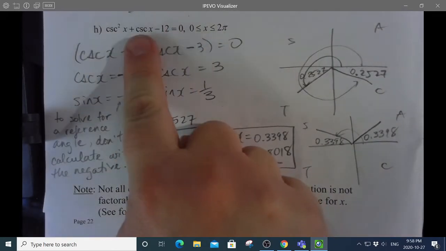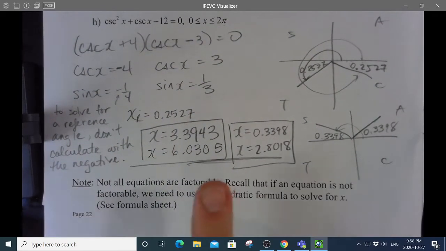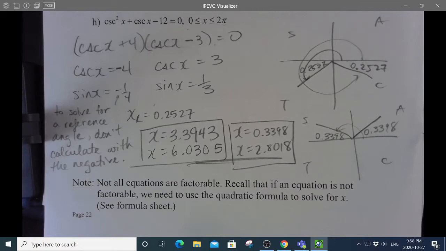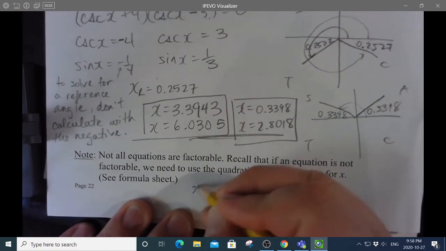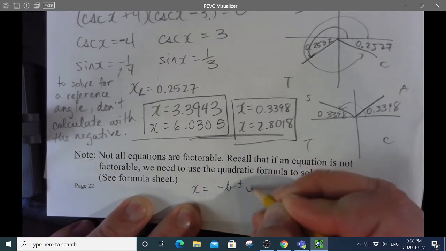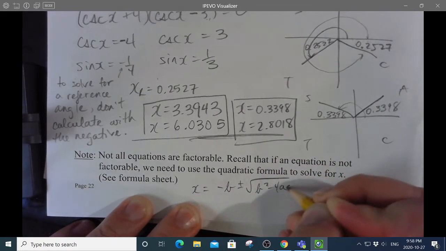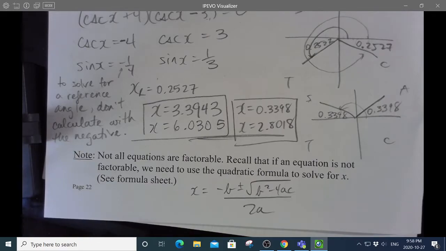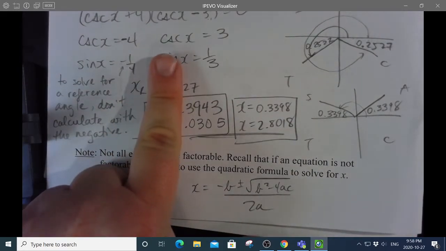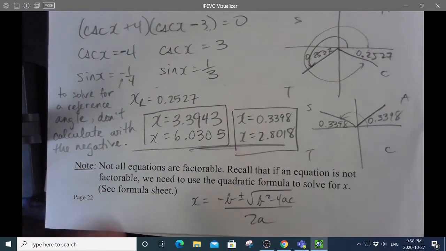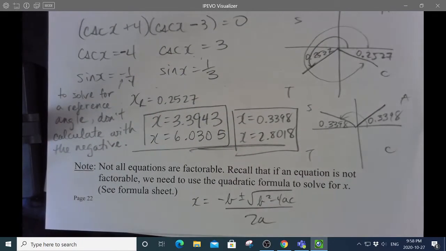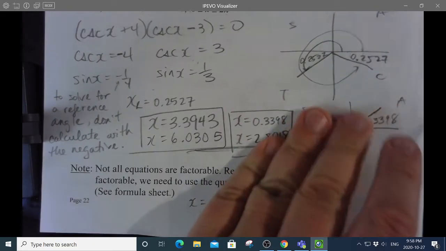Everything I'm going to give you factors, but remember, you did learn in grade 11 that you can solve any quadratic that has a solution, even if it isn't factorable, by breaking out the good old x equals minus b plus or minus the square root of b squared minus 4ac all over 2a. It's on the formula sheet. And you know what's nice about this too is if you get stuck and you forget how to factor, or you just can't see what the factors are, that will give you the 2 answers.